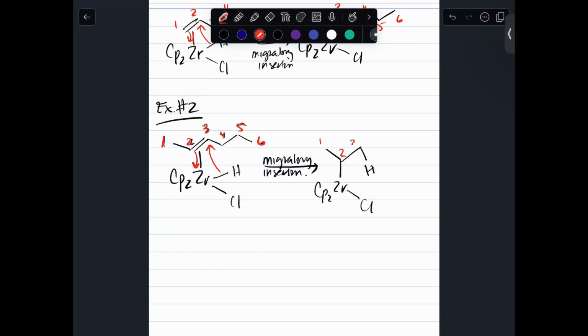Carbon 3 now has a hydrogen. Notice how it's syn addition.